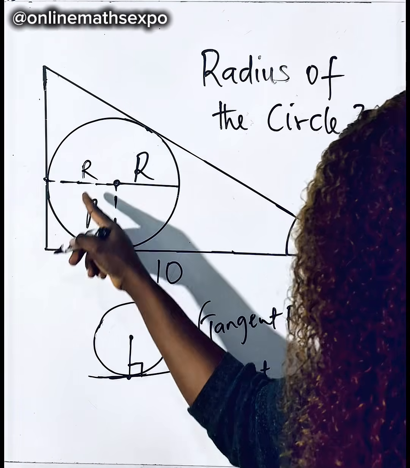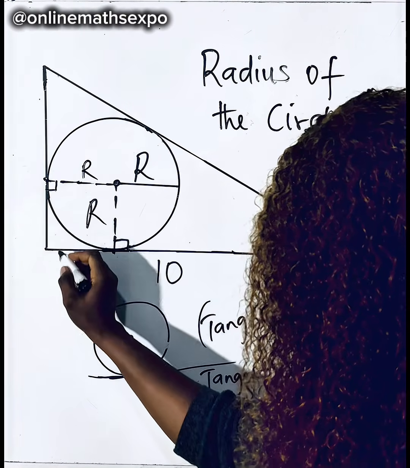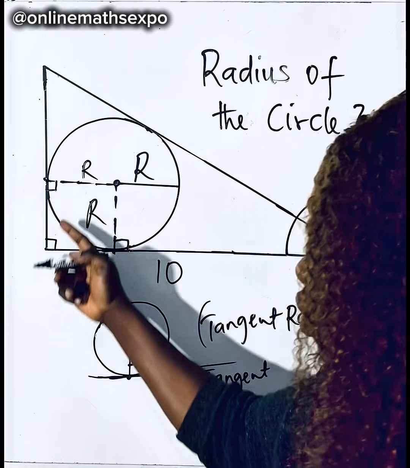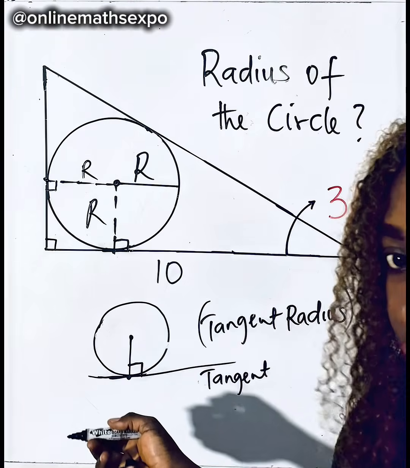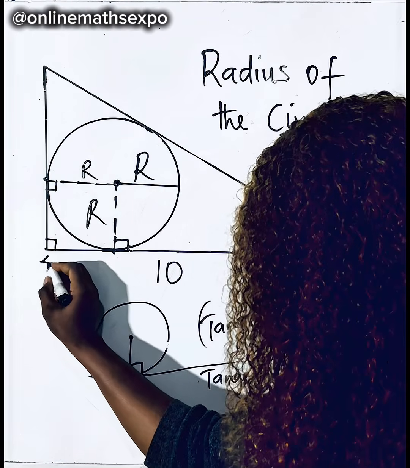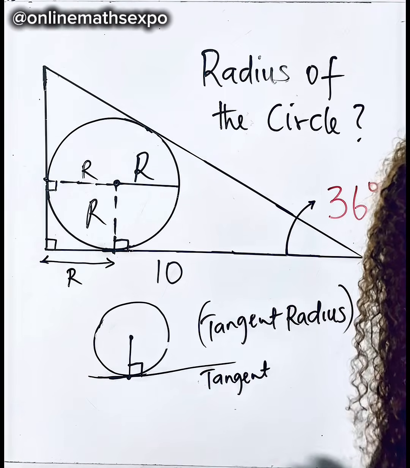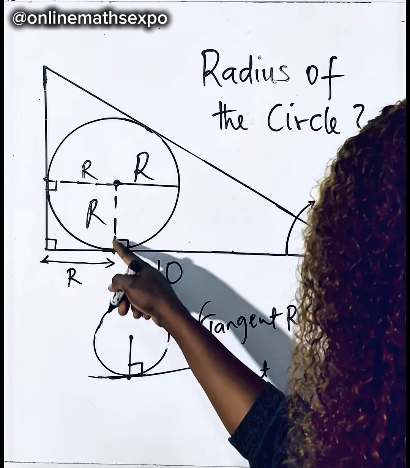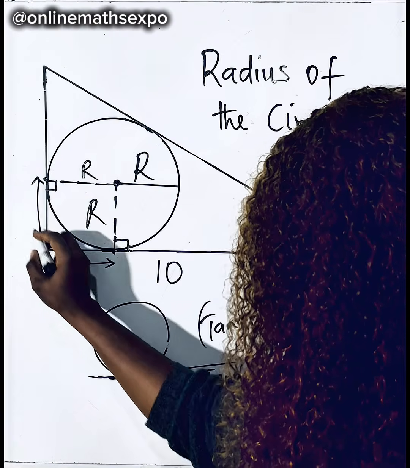And if this is true, it means that it is also right angles here, and this is a right triangle. So you see that we have been able to form a square. If from here to here is r, automatically this length is also going to give us r, because the sides of a square are equal. And if from here to here is r, this length is also r.